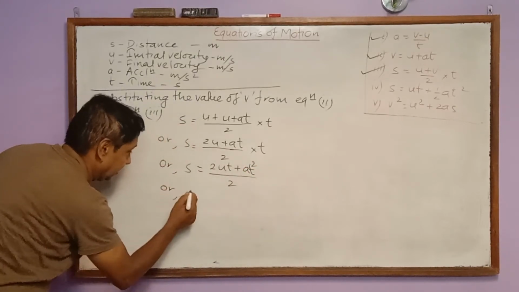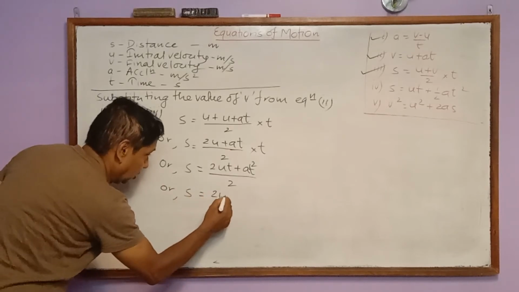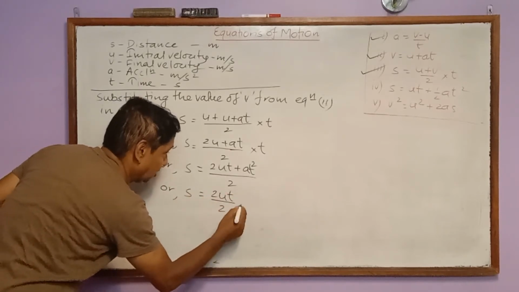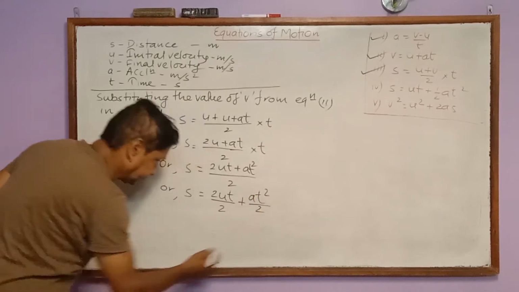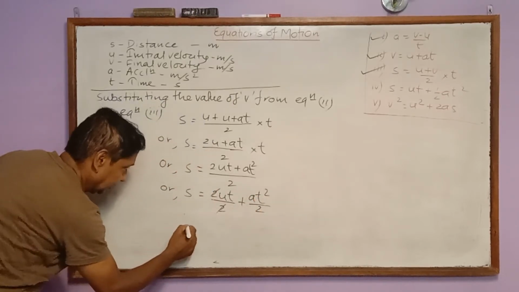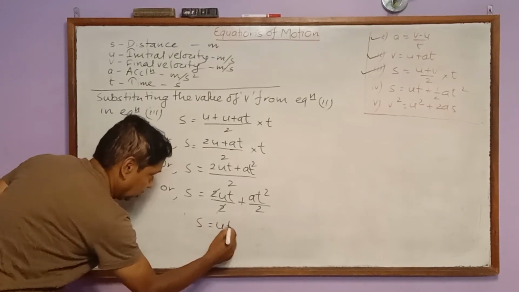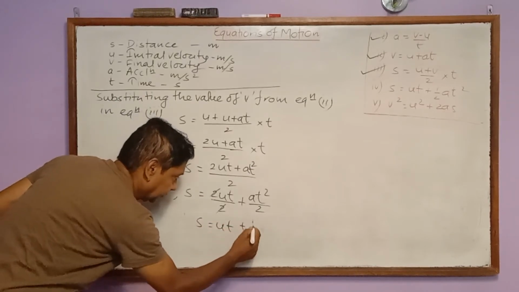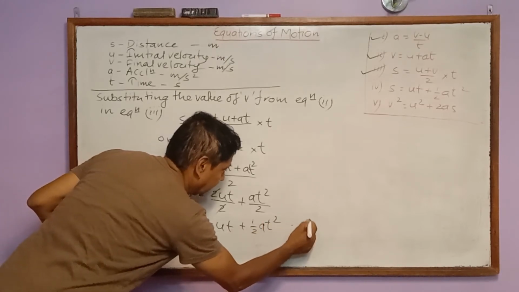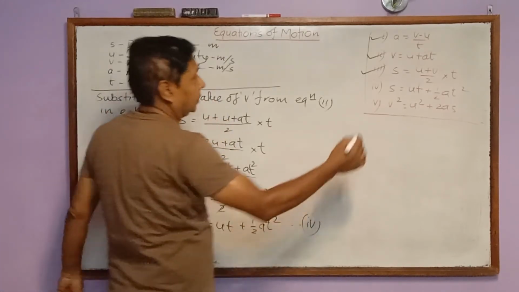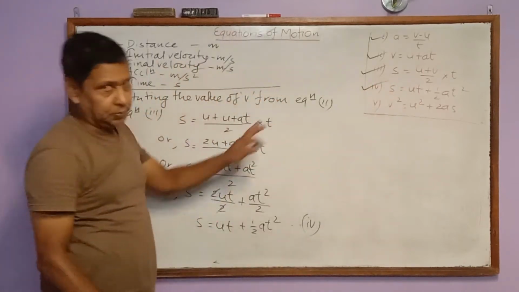If we separate this, 2ut divided by 2 plus at square divided by 2. The 2 cancels. Therefore, s is equal to ut plus half at square. This is equation number 4. Equation number 4 is also proved.